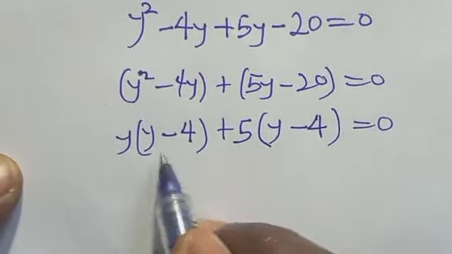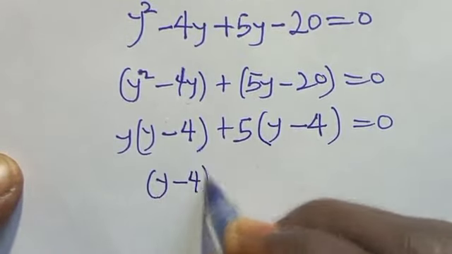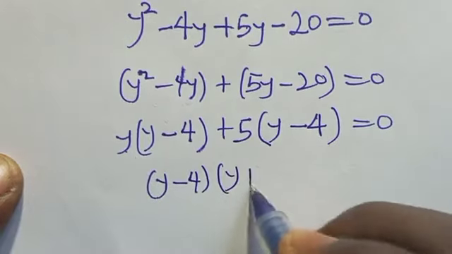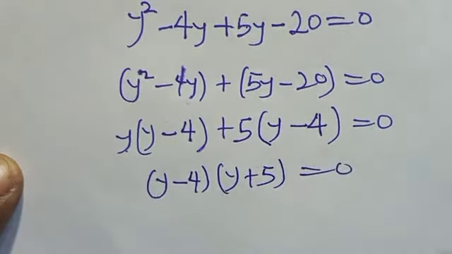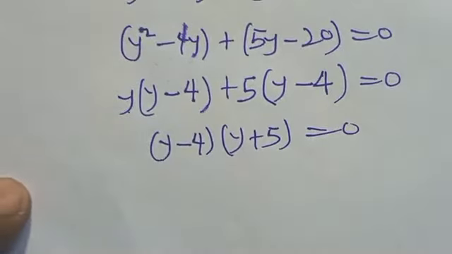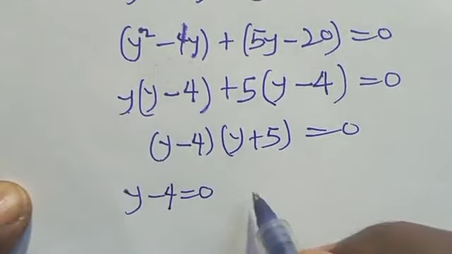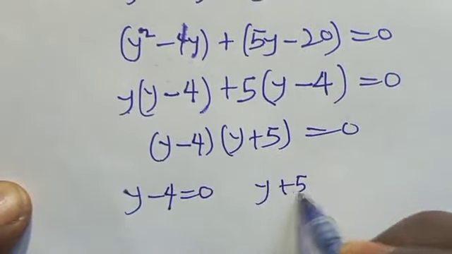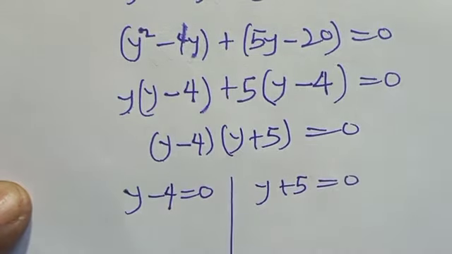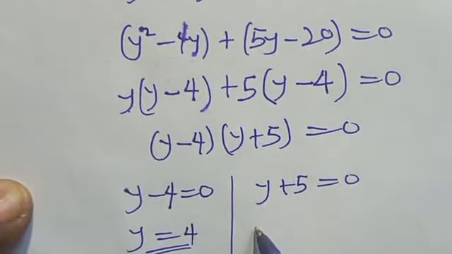And since the brackets are the same, we're going to write just one, and write this y plus 5 equals 0. So here we are going to employ the zero product rule that says either y minus 4 equals 0 or y plus 5 equals 0. And then from here, y equals 4, and y here equals minus 5.